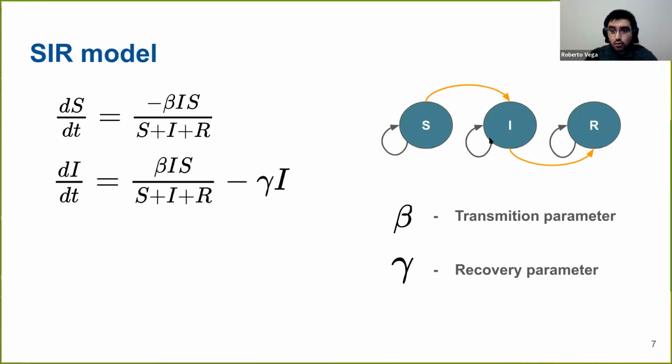And the people who leave the infected go to the removed people by this term, at the rate indicated by this term, gamma times I. And of course, the people who leave the infected are the ones who go to the recovered. So these are the set of differential equations that describe this. And again, this is a model from epidemiology.